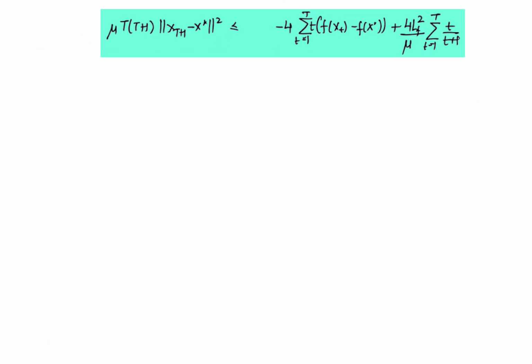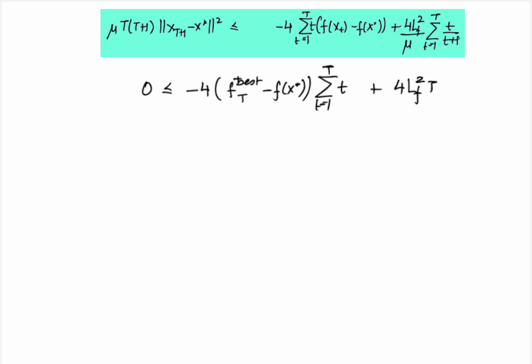Observe that the term on the left is greater than or equal to 0, and the first term on the right can be bounded by the minimum optimality gap definition, and each summand in the last term can be upper bounded by 1, so that we obtain that 0 is less than or equal to minus 4 times f best of t minus f of x star times summation of t plus 4 LF square t by mu.